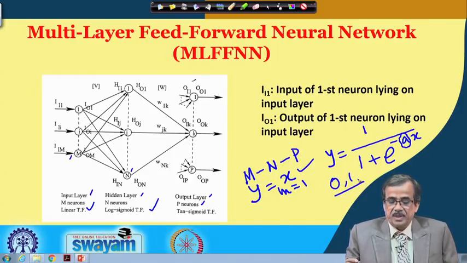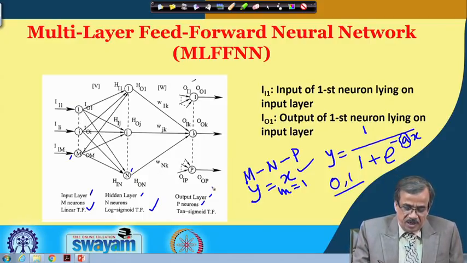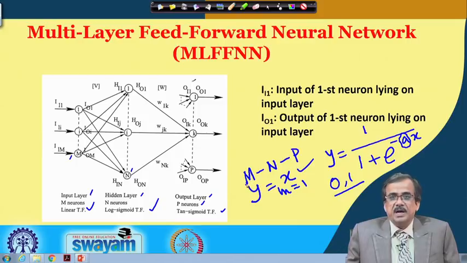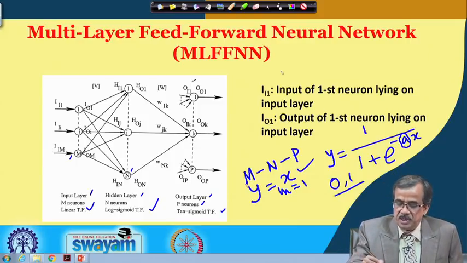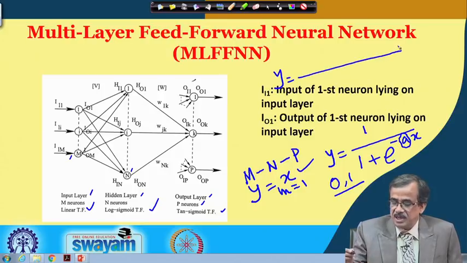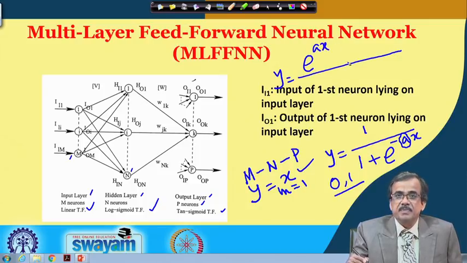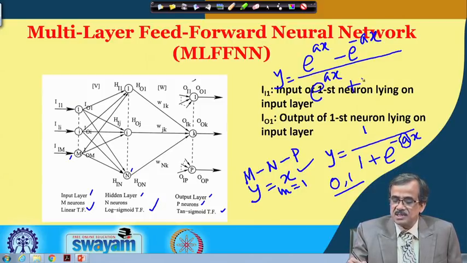Now, on the output layer we consider the tan sigmoid transfer function, and the mathematical expression for a tan sigmoid transfer function is something like this. y equals e raised to the power a x minus e raised to the power minus a x, divided by e raised to the power a x plus e raised to the power minus a x.